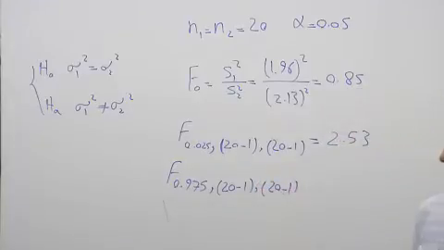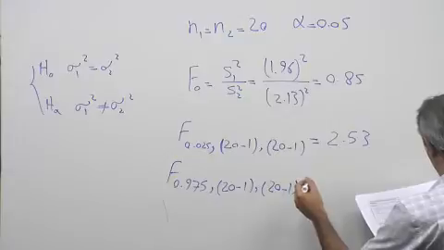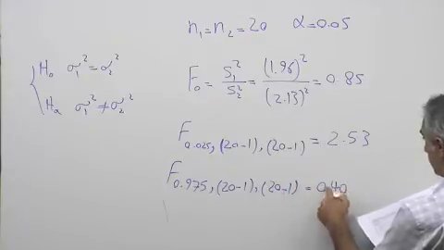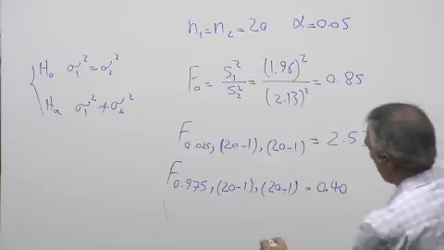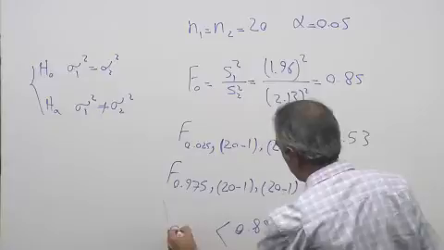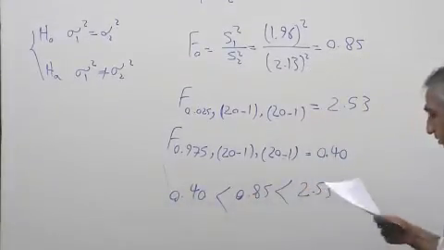Okay? And then we compare it with F0. This one is 0.40. So 0.85 is between 0.40 and 2.53.